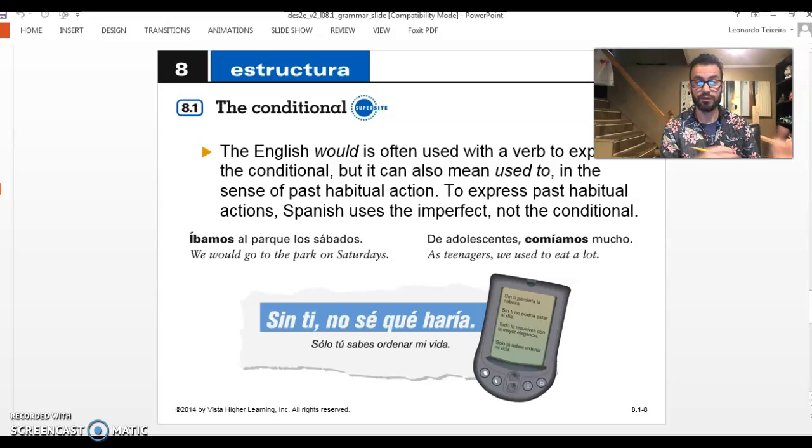I used to go to my grandparents' house would be yo iba a la casa de mis abuelos, because that's imperfect. It's past tense. Now, when I say I used to go to my grandparents' house, sometimes in English we express that a little bit differently. There's no difference in significance, it's just a different way to express it.